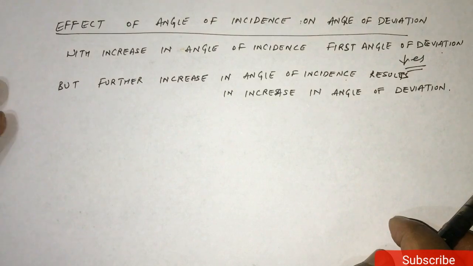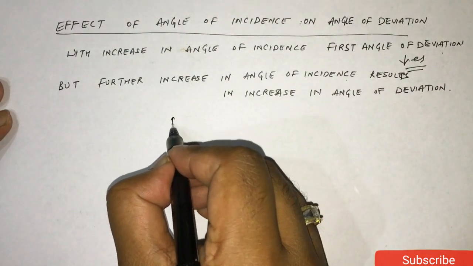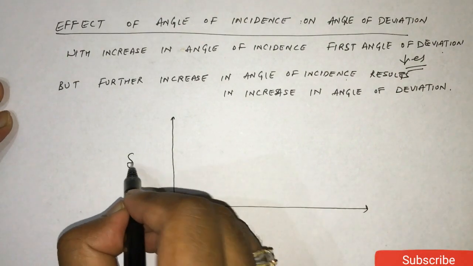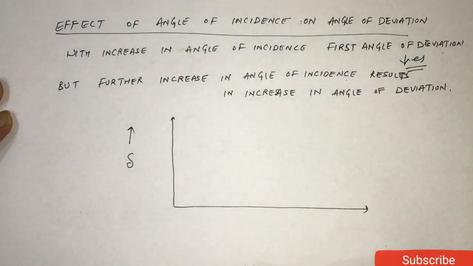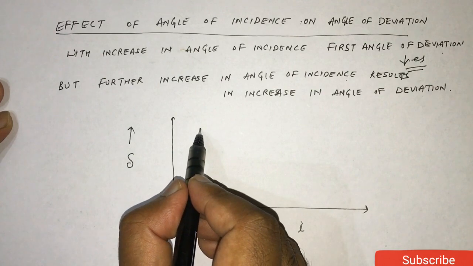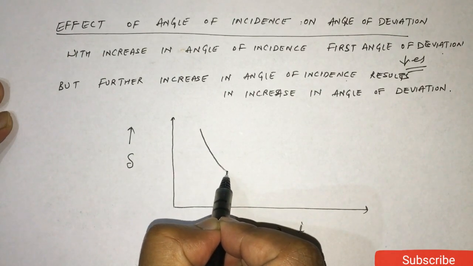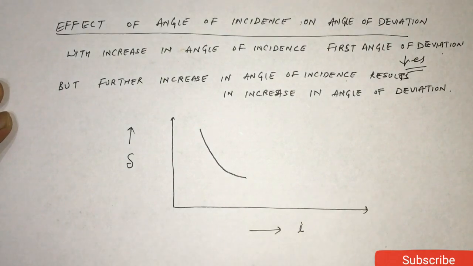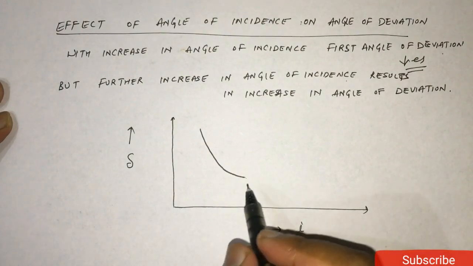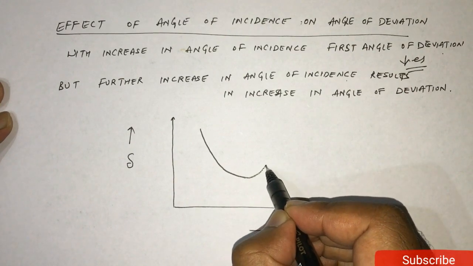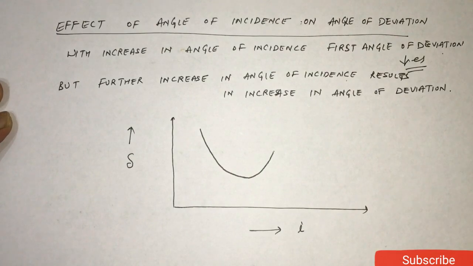Let us understand this concept with the help of a graph. If you plot a graph between angle of deviation and angle of incidence, fine, with increase in angle of incidence, first the angle of deviation decreases like this, but with further increase in angle of incidence, the angle of deviation increases.